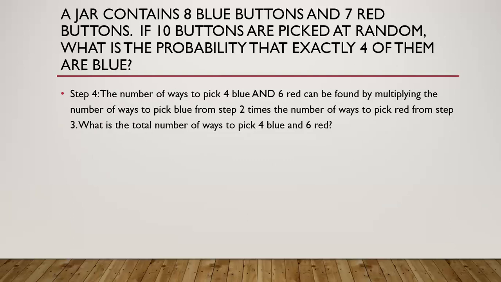So we need to essentially combine that. We want 2 things to happen. We want to pick exactly 4 blue and 6 red. These are 2 events. So we're going to multiply them to find the probability of both of them happening. So we're looking at the number of ways to pick 4 blue and 6 red.